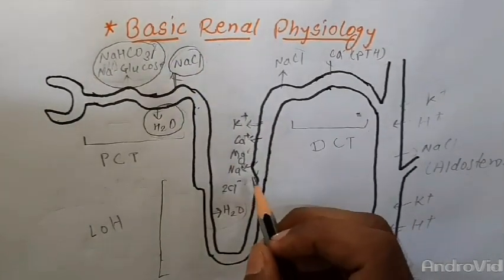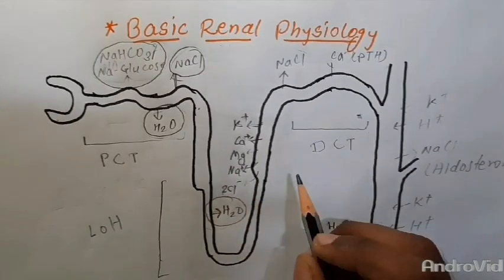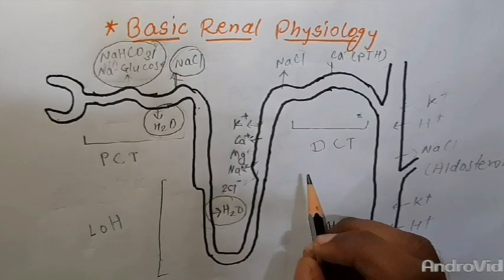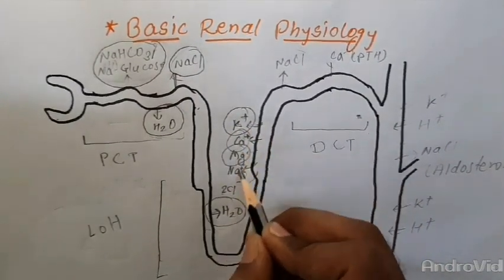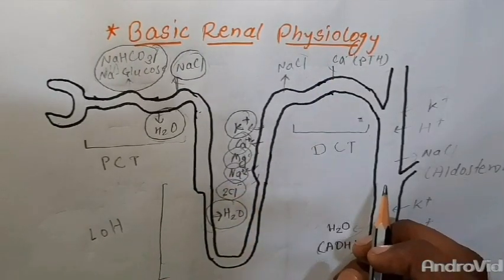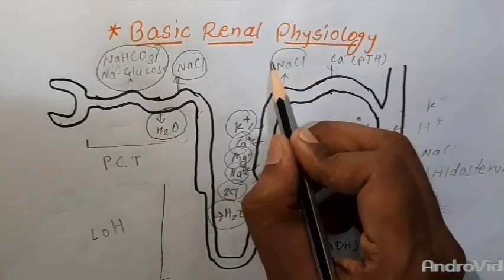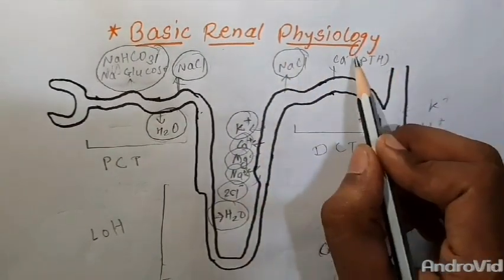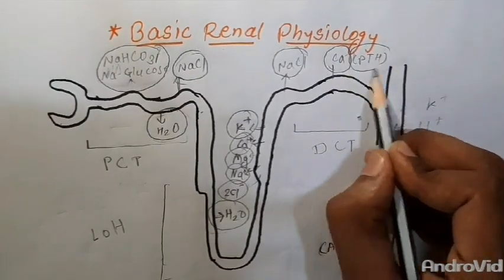And from the descending limb of loop of Henle, mainly the H2O is reabsorbed. And from the thick ascending limb of loop of Henle, mainly the potassium ion, calcium ion, magnesium ion, sodium ion and the chloride ions are reabsorbed. And from the third part of the nephron, that is the DCT, the reabsorption of NaCl takes place, and the reabsorption of calcium ion also takes place with the help of hormone PTH.